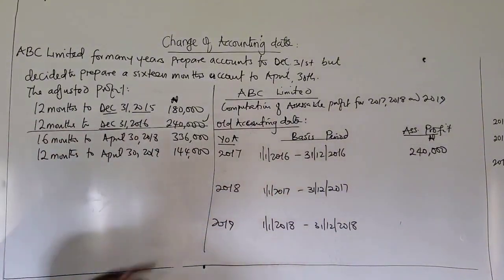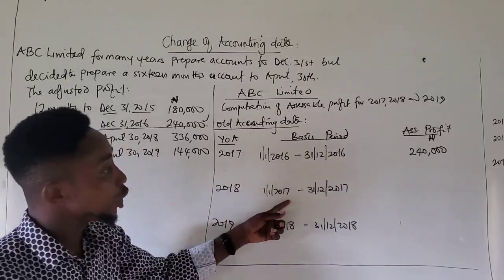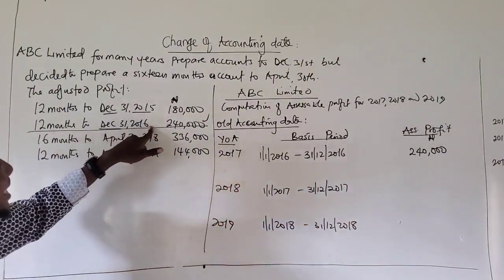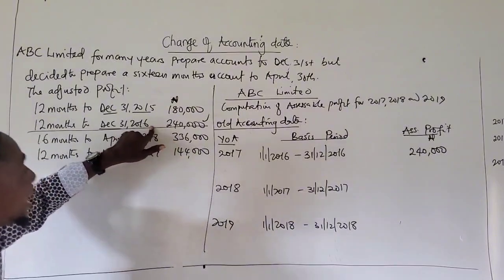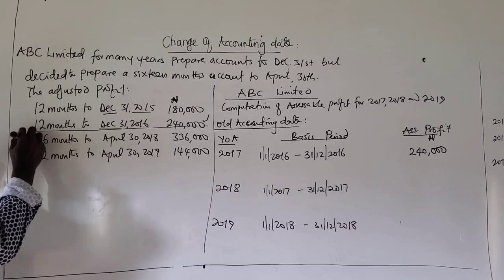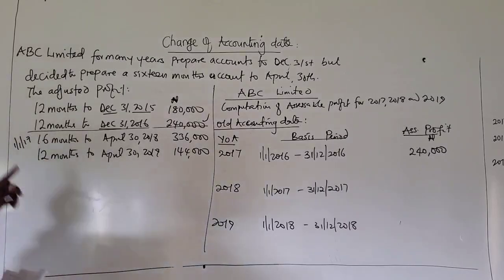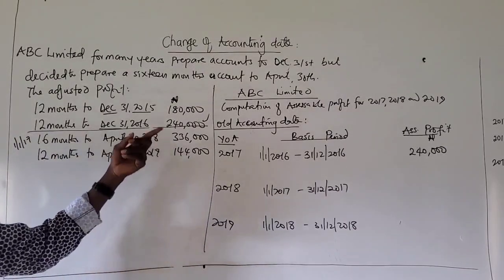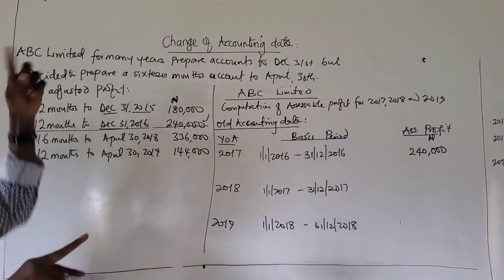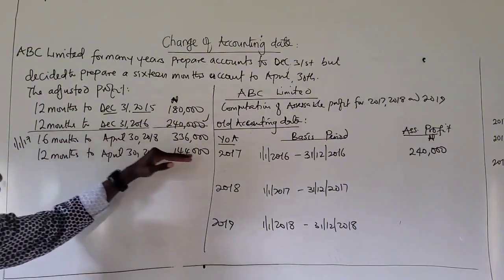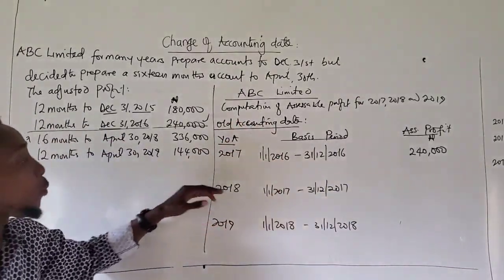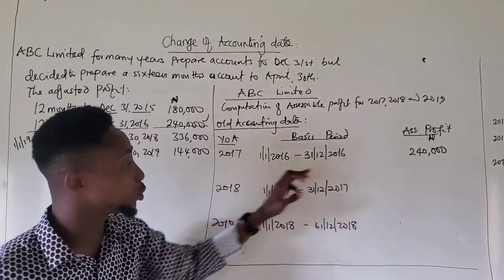Next, 1st of January 2017 to 31st December 2017. If this place ends 31st December 2016, it means this place starts from 1st of January 2017 down to April 30th 2018. That means a period of 16 months, January to April of the other year, 16 months. All these periods are basically 12-month periods. We are looking for 12 months, January to December.